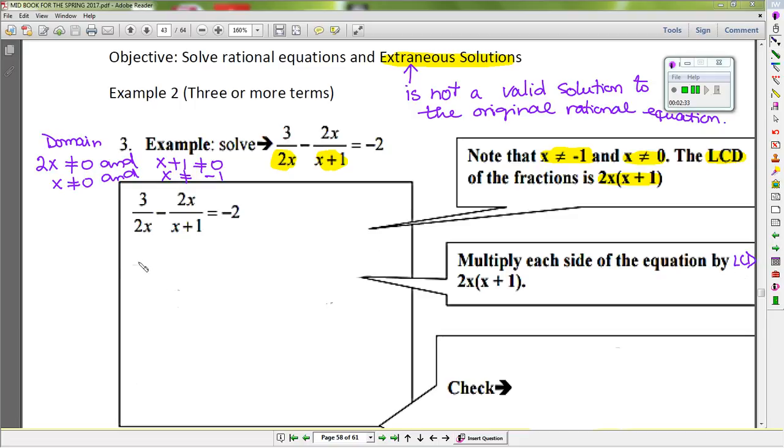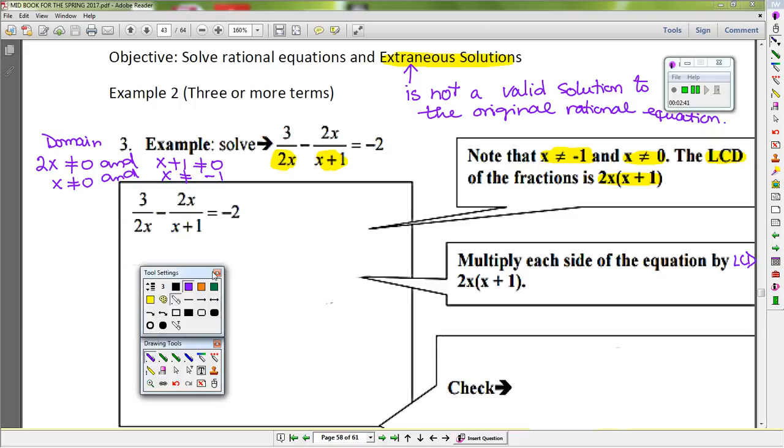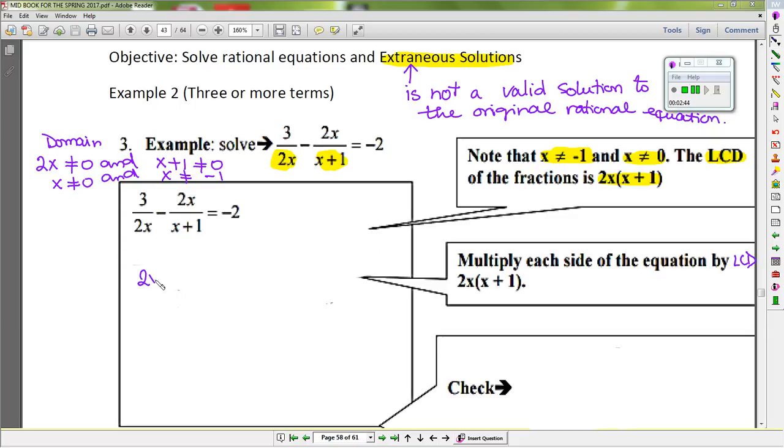So I'm going to write down my least common denominator, 2x times x plus 1, times 3 over 2x minus 2x over x plus 1. This is the left side of the equation. On the right side, I put the -2 and then 2x times x plus 1. That's what we mean by multiplying each side of the equation by the least common denominator.